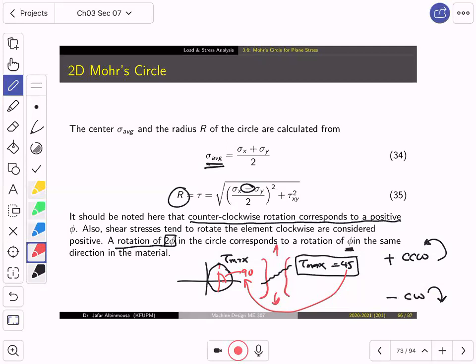So if you have a problem, somebody gave it to you from Aramco and they told you, please tell us where is the plane of maximum shear, because we know that the material will fail at that plane. And in the circle, it came out to be 40 degrees.